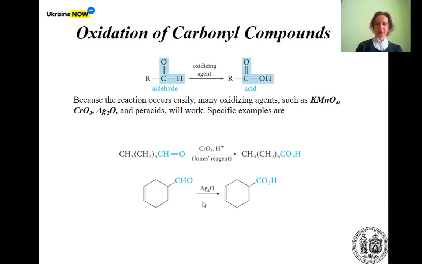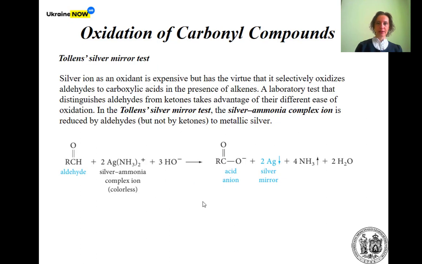This test has a name after Tollens: Tollens silver mirror test, or silver ammonia complex anion test. So this complex anion is formed in situ. It means in the moment of obtaining, we use it, because we have to use this reagent immediately because it's unstable in storage and explosive products can be formed.